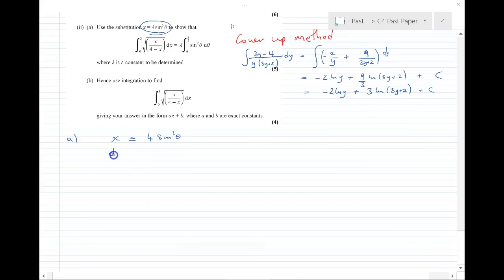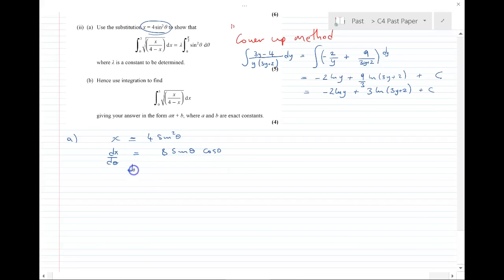We can say that dx by d theta is equal to 8 sine theta cos theta by the chain rule. Basically, I've timesed through by the 2, the 4, and taken 1 off the power, so that's sine to the power 1. But then I've had to differentiate sine theta, which gives me cos theta. So that's chain rule.